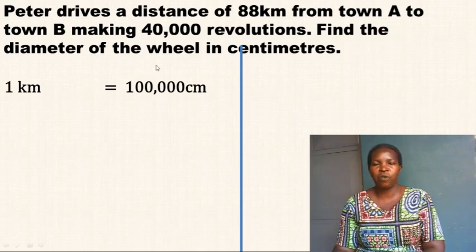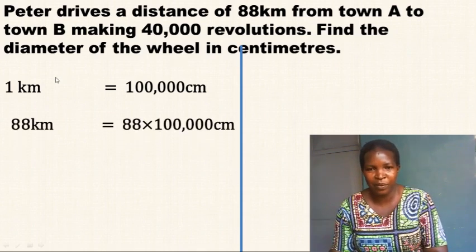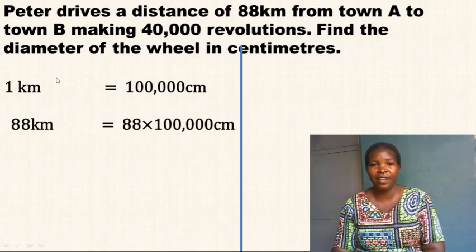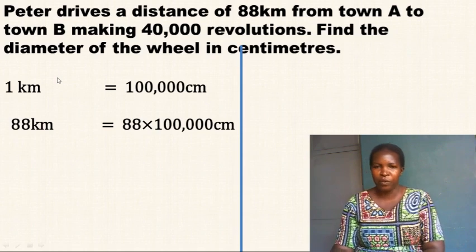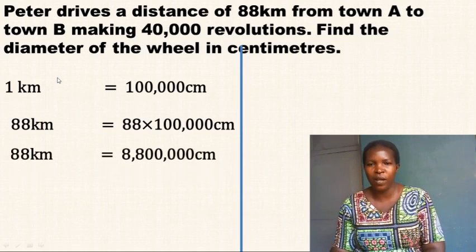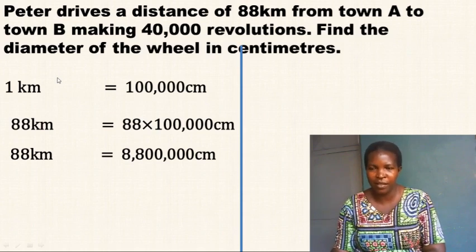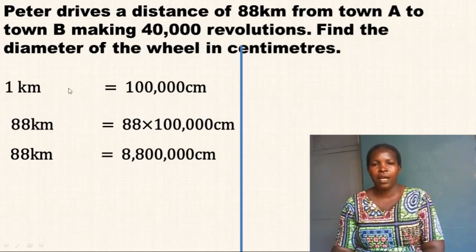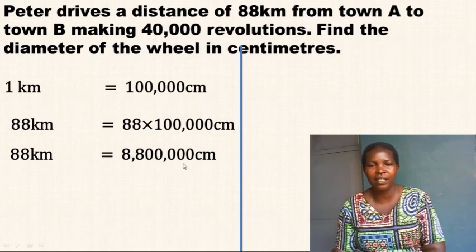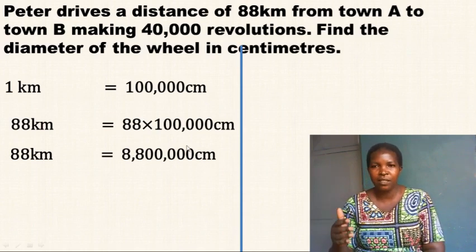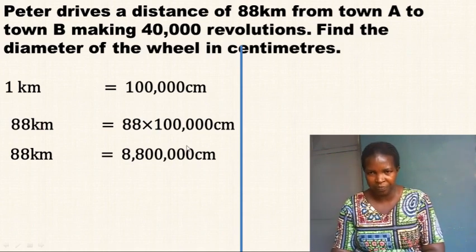And our target is to convert the 88 kilometers. 88 kilometers will equal, my dear boys and girls, 88 times 100,000 centimeters. Finally, we shall come up with the distance between town A and town B being 8,800,000 centimeters.